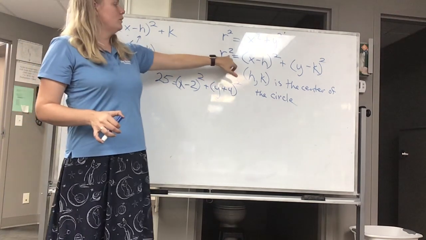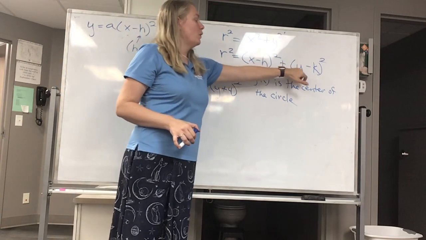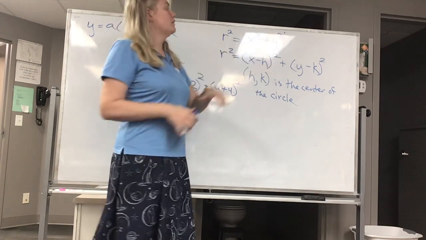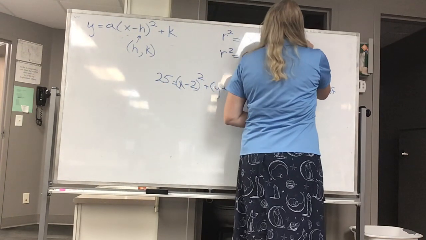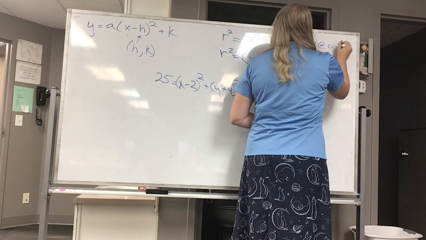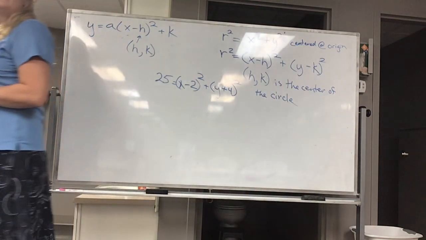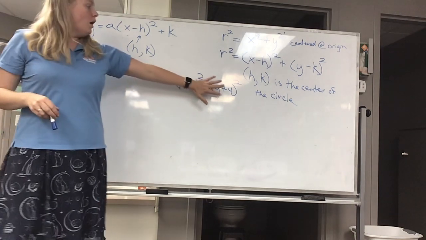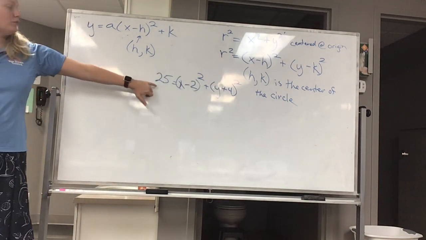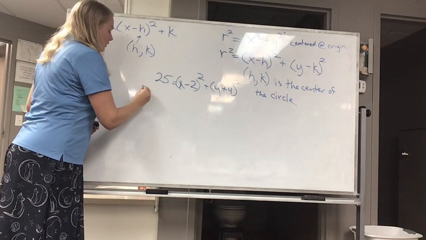The formula says that the radius squared equals (x minus h) squared plus (y minus k) squared, or the more basic one, this will be centered at 0, 0. But in either case, if they just ask you for the radius, all of this stuff doesn't matter. It's just the square root of 25, which is 5. And so the radius is 5.